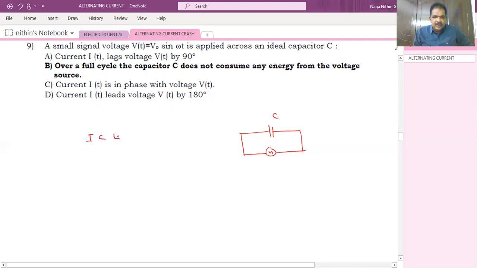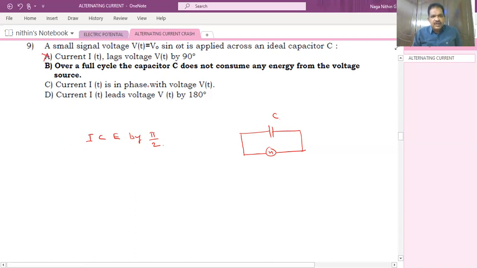Current leads EMF by a phase difference of pi by 2. Okay, already you know this. So first option you check, current lags voltage. So this will be a wrong option because current is leading.